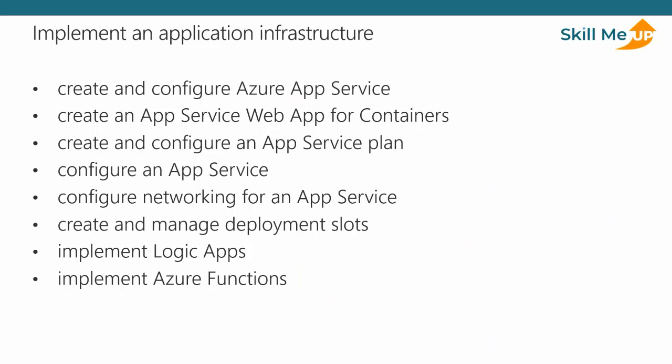Another big option with the app services is the deployment slots. Depending on the size of your app service, you can have multiple different deployment slots. The idea behind a deployment slot is you get multiple different versions of your application defined in the configuration of your app service.